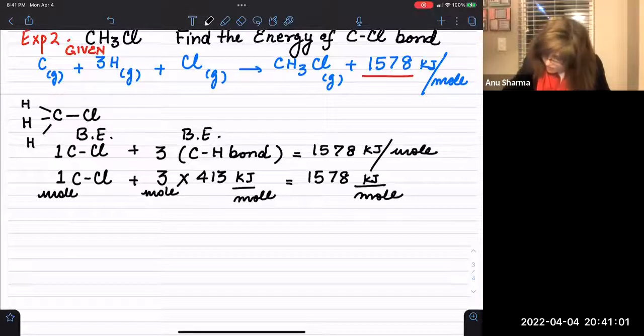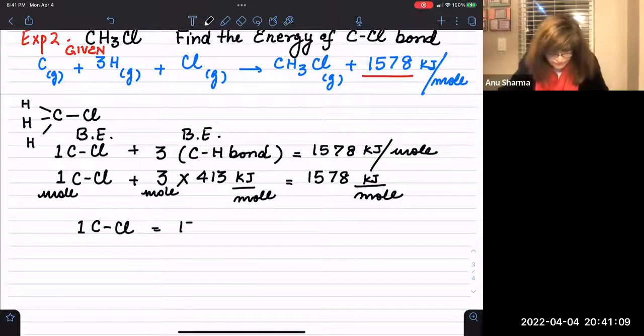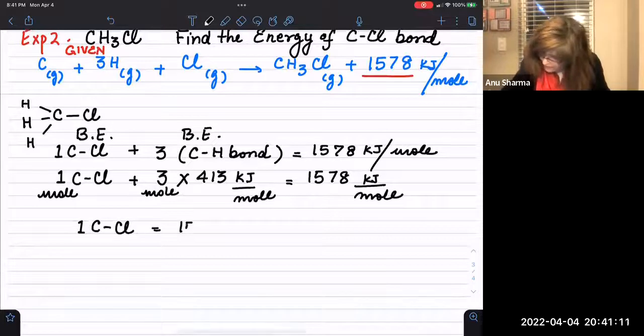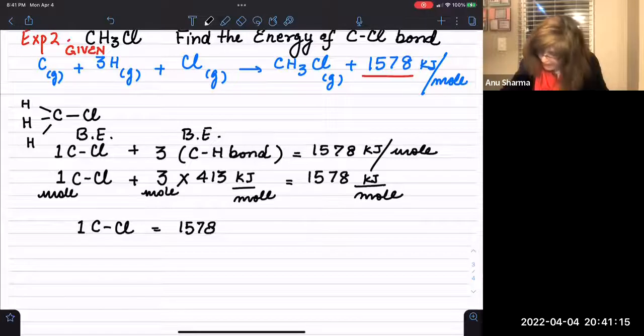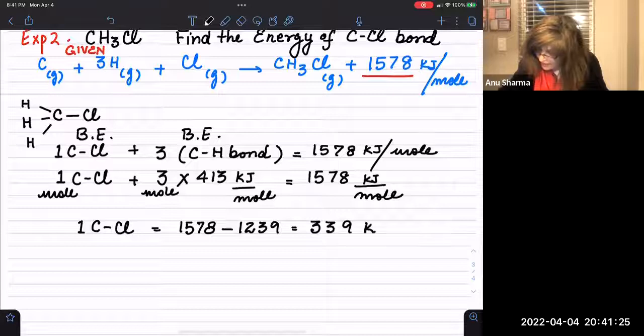Now 1 CCl is equal to 1578 kilojoules per mole minus 3 times 413, which is 1239 kilojoules per mole, and this gives you 339 kilojoules per mole.